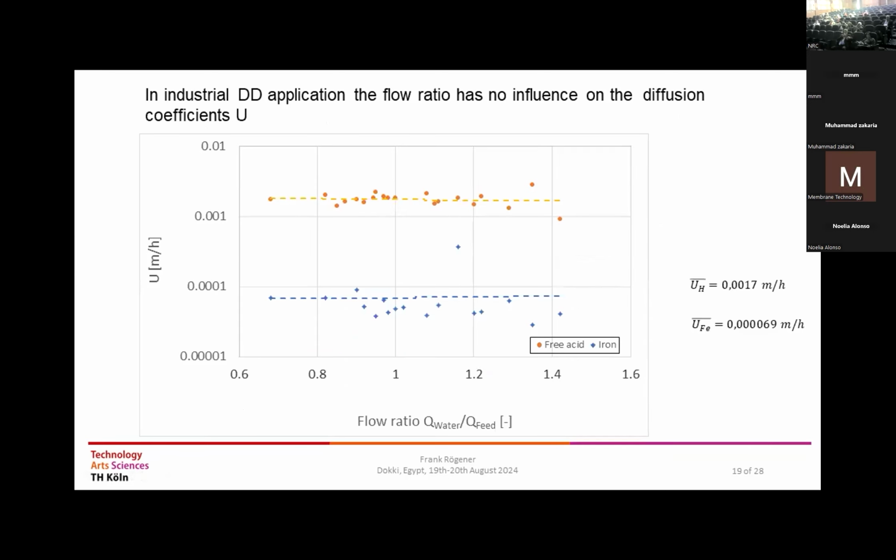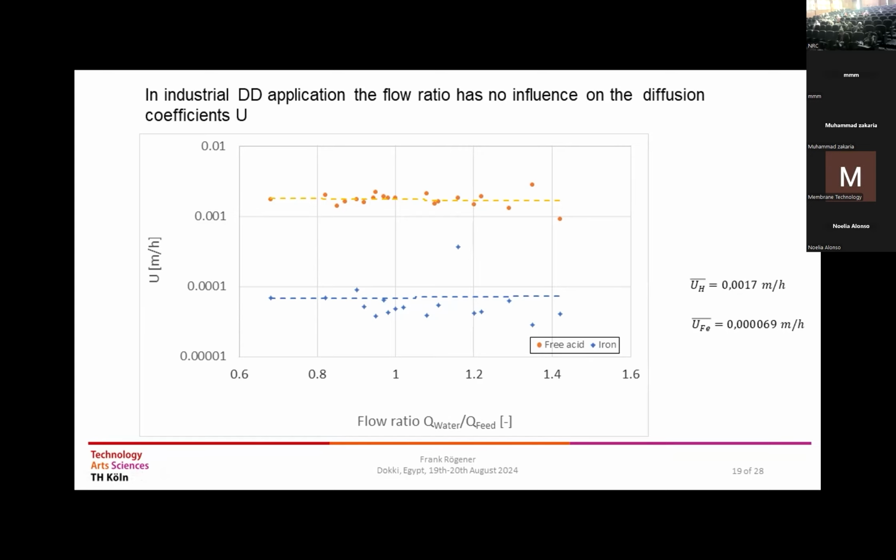But on the other hand, when we calculate the diffusion coefficient U, which is in principle the diffusion parameter, we can see that it is more or less constant. This is the slope for the acid, and the blue one shows the coefficient for the metals. It is constant, and the values are shown here, and they are quite comparable to the literature values that were found.